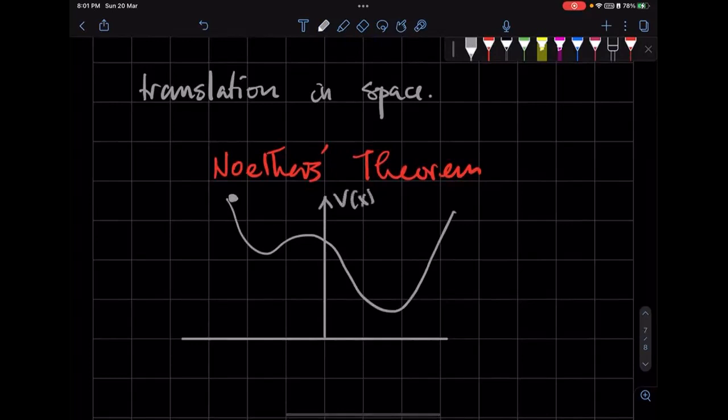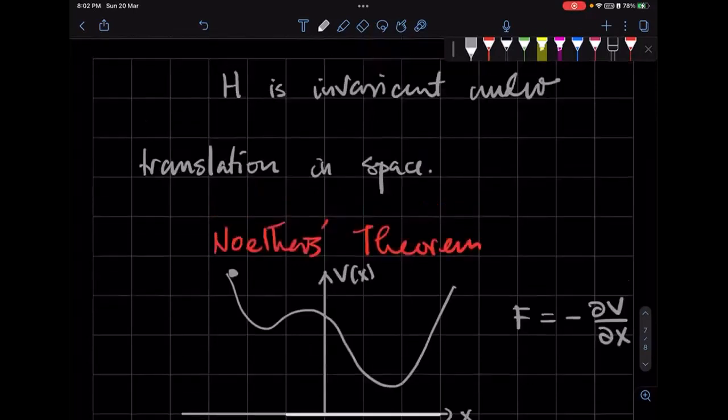Because of the potential, your system is not invariant under translation in space, and therefore your momentum is not going to be conserved, because there is going to be a force on the system. What we call force is nothing but minus the gradient of the potential.